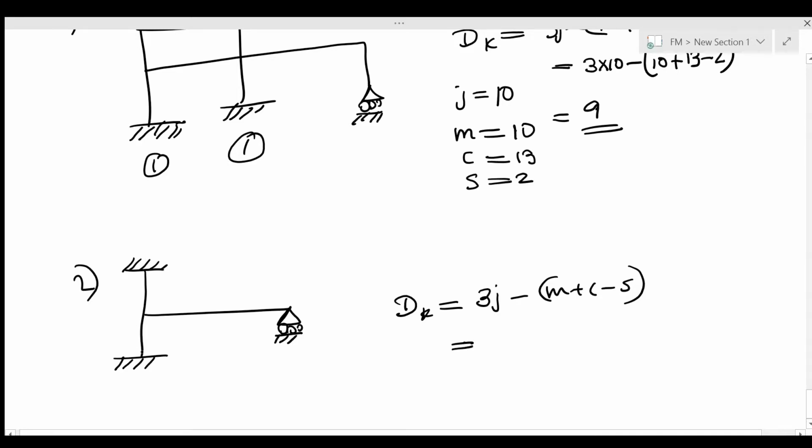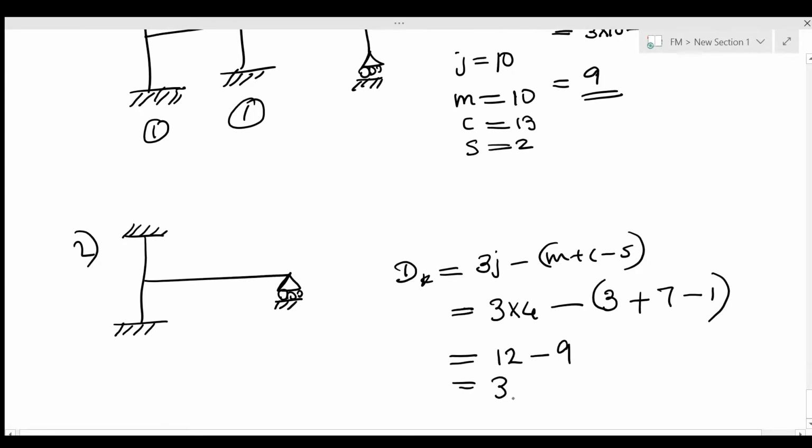We have 1, 2, 3, 4 joints. So 3 into 4 minus, and we have 3 members and the constraints 3 plus 3 plus 1, that is 7. And minus s, the number of constraint lines, that is 1. So 12 minus 9, which is equal to 3. So 3 is the degree of freedom for this structure.